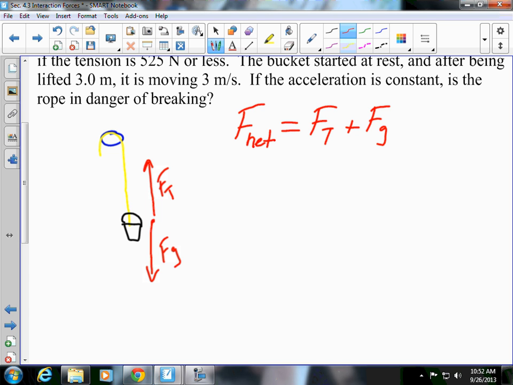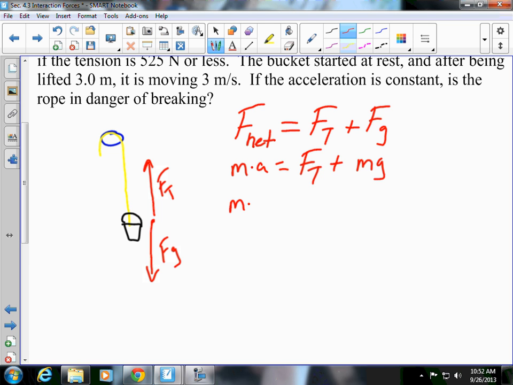Now, just like we talked about yesterday with the elevator problem, the bucket started at rest. F of net is mass times acceleration, which is equal to the force of tension plus gravity, and we know gravity is m times g. But if the bucket starts at rest, there is zero acceleration. So you're going to plug in 0.